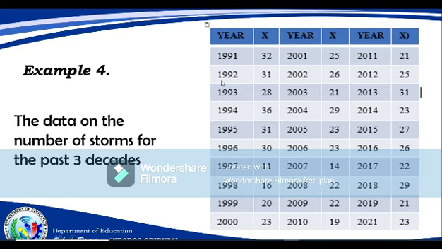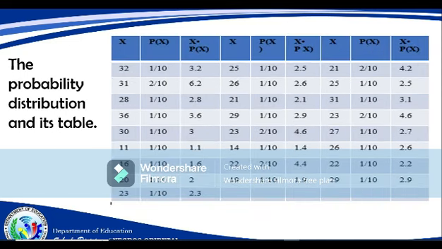So you have here 3 decades, because when you say decade, 1 decade is equivalent to 10 years. So this is 10 years, another 10 years in this column, another 10 years, a total of 30 years or 3 decades. Now we are going to come up with a probability distribution table.